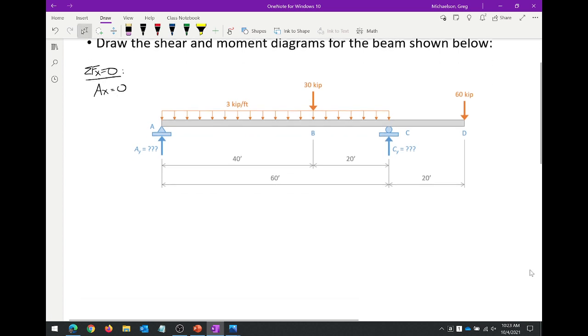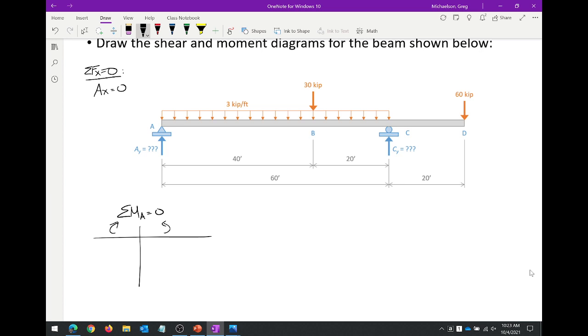All right. Now what I'm going to do is I'm going to sum moments at A to determine the reaction at C, and then sum verticals to determine the reaction at A, right? That shouldn't be all that magical, okay? So we got that.